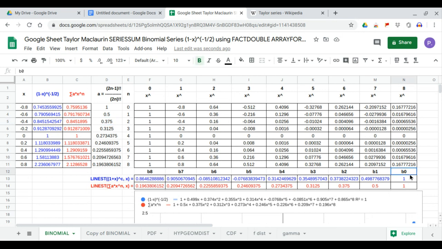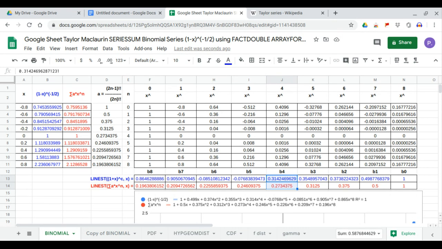Our b0 here matches to our b0 in the trend line. b1 matches to b1 in the trend line. b2 still matches to our trend line. b3 still matches. b4 does match to our trend line, but the error begins, the differences begin. But these are small values.